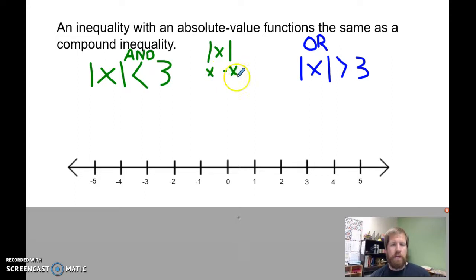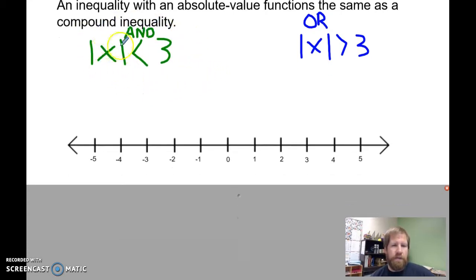It's important to remember that because when we're using absolute values in equations, we often skip a step that we don't really need to think about, but it becomes very important when we're dealing with absolute value inequalities.